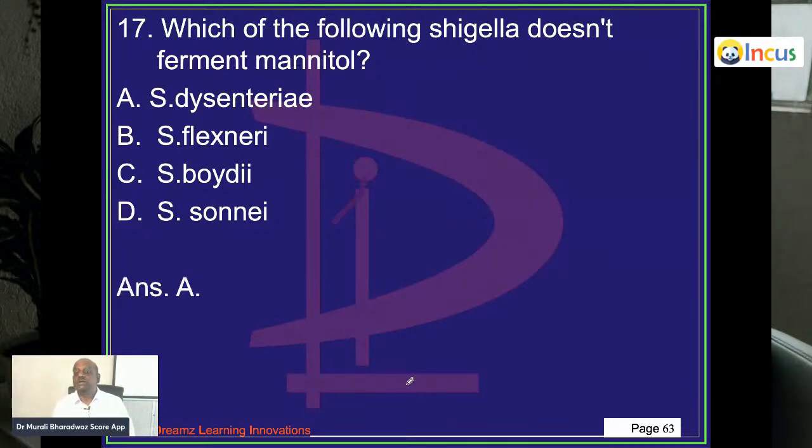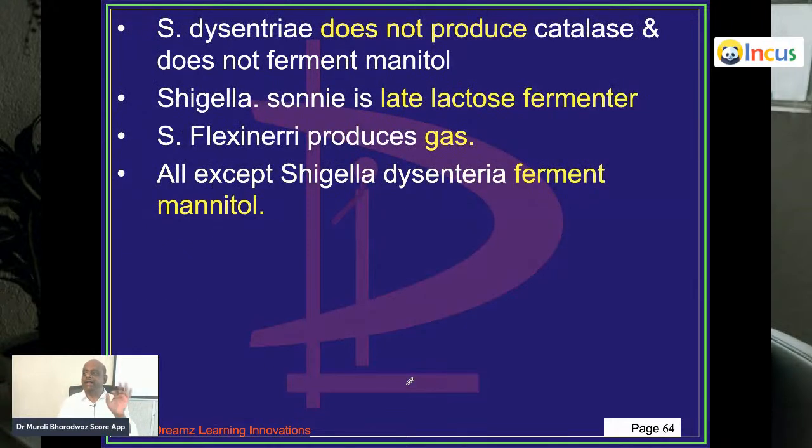So, doctor, Shigella dysenteriae does not produce catalase and does not ferment mannitol. Sonnei is a late lactose fermenter. Flexneri produces the gas, and all except the Shigella dysenteriae ferment the mannitol.